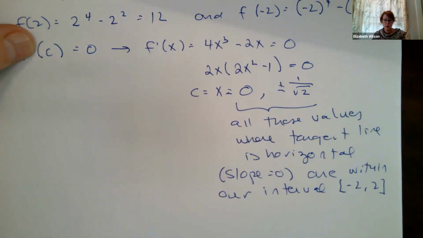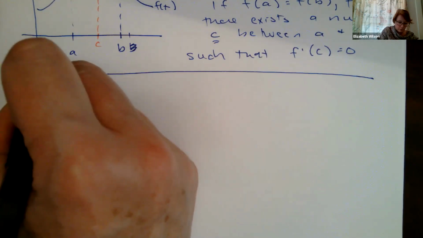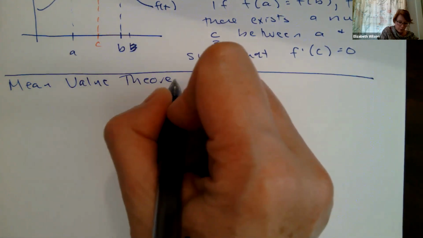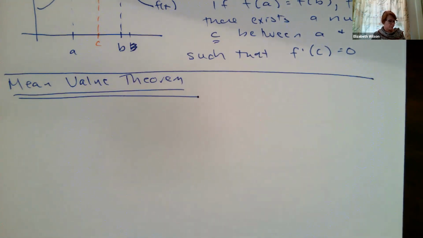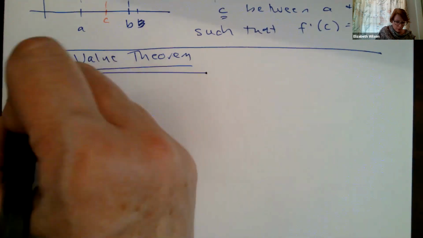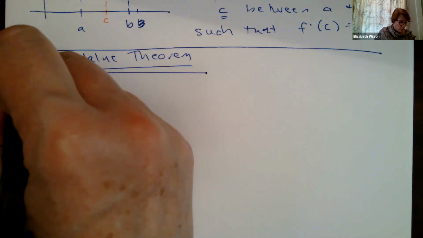Okay, so let's use Rolle's theorem to help us talk about the mean value theorem. It's a pretty important theorem. All right, so let me draw a picture and then we'll put all the words to it. So here's my axis.